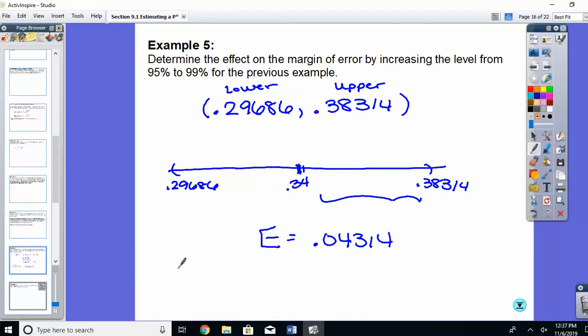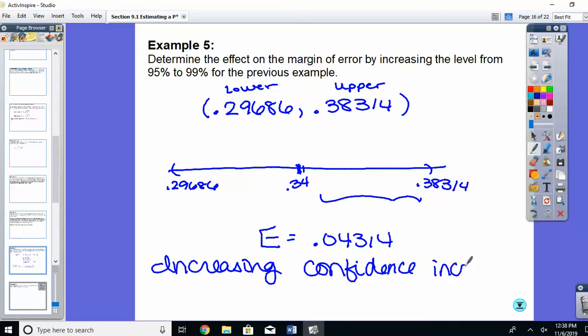So what happened is increasing the confidence level increased the error, which gives us a wider interval.